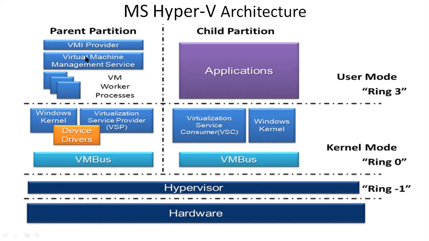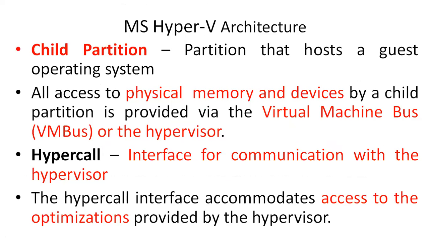Both the parent partition and the child partition consist of VM buses. It is divided into ring 1, ring 0, and ring 3. Ring 3 is called user mode, ring 0 is called kernel mode, and then you have ring 1. This is the architecture.